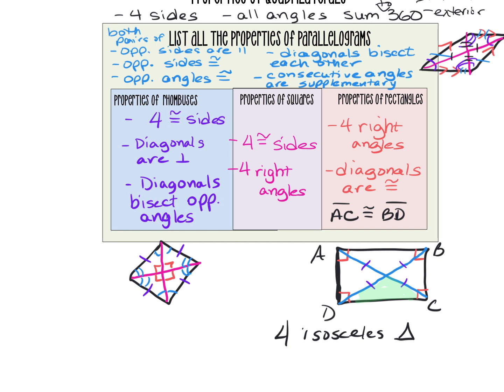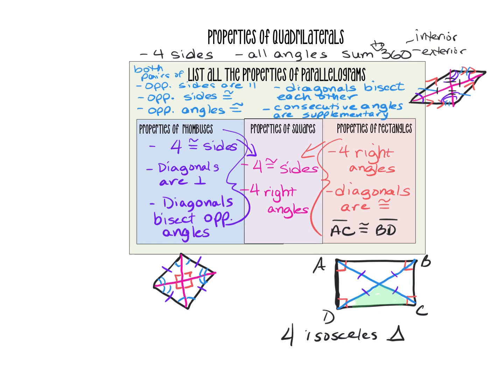In addition to the pink I just wrote, the square also has the properties of the diagonals of the rhombus, and it also has the properties of the diagonals of the rectangle. So all of these rectangle properties also apply to the square, as well as all the properties of the rhombus. And then all 3 have all the properties of the parallelogram and the properties of the general quadrilateral.